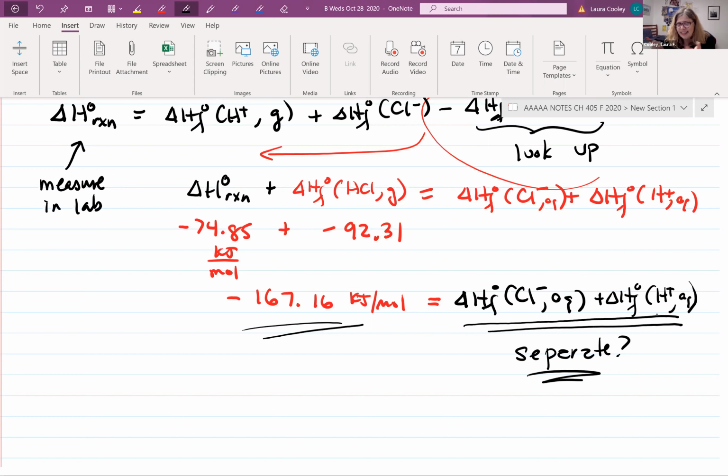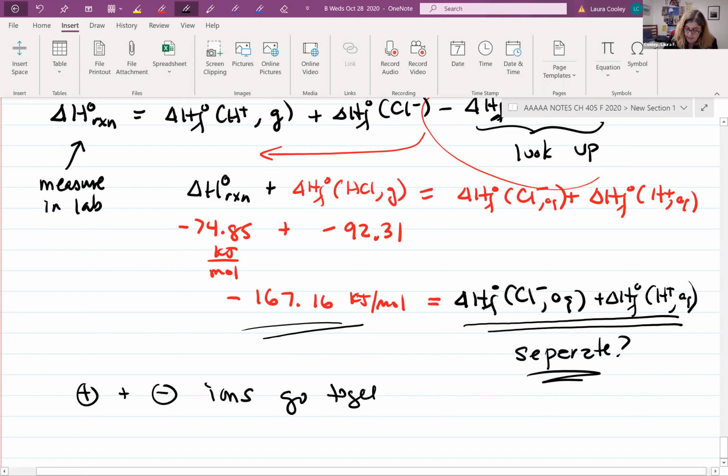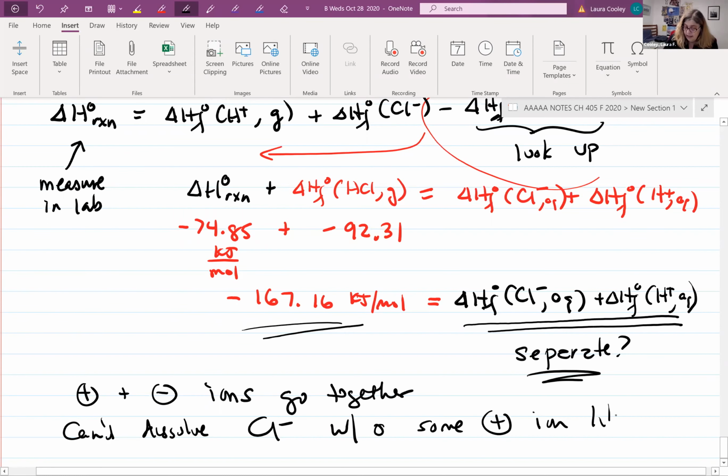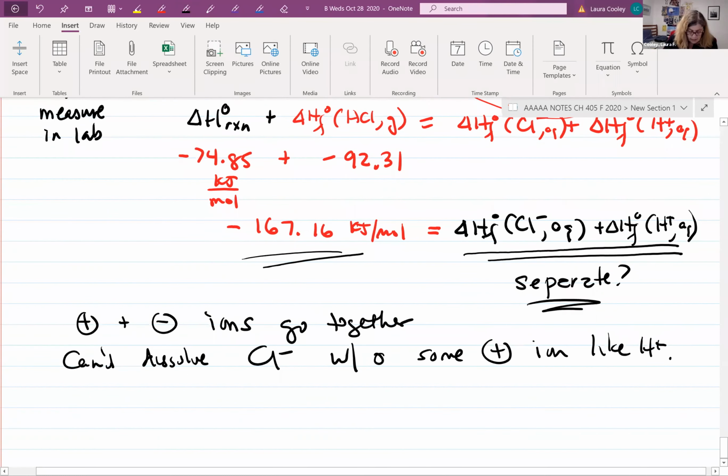These ions go together, and you can't just deal with a positive ion and not a negative ion. So how on earth am I ever going to separate these values? Plus and minus ions go together. I can't dissolve Cl minus without some positive ion. So that's what the dilemma is: how to separate this out into the portion that's due to H plus and the portion that's due to Cl minus.